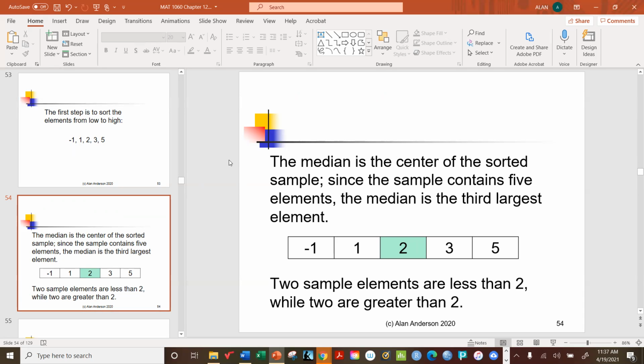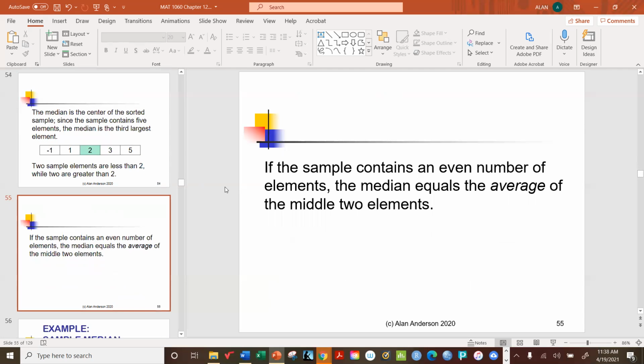We'll have to try something different. So why don't we take a look? Well, and by the way, I'll give you a spoiler here. You're going to take the average of the 2 in the middle. All right, so it's kind of a compromise, but it works.